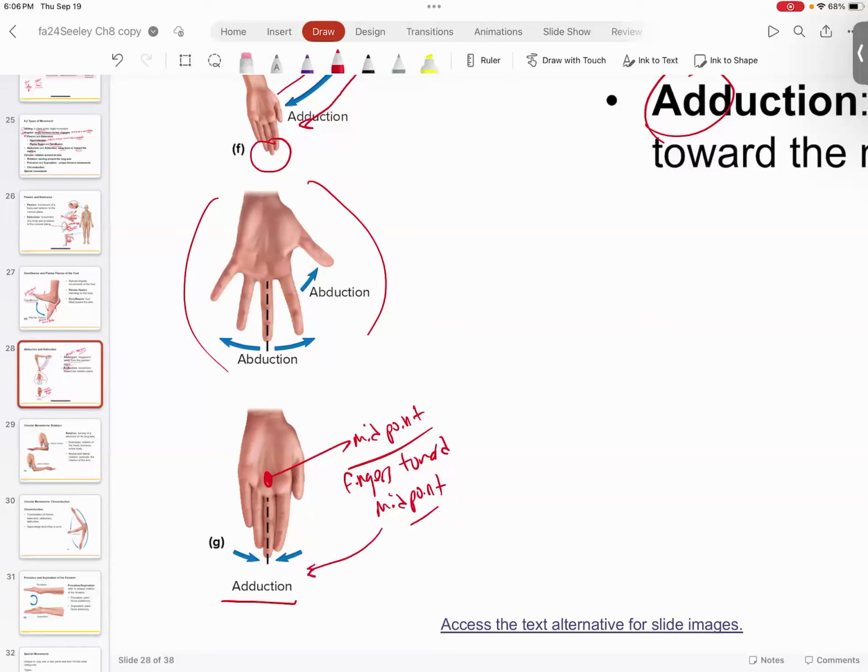If you spread your fingers out, it's almost as if they're going away from the midpoint. And so that is abduction because they're moving away from the midpoint of your hand itself.